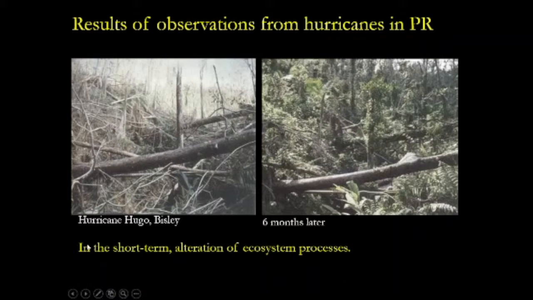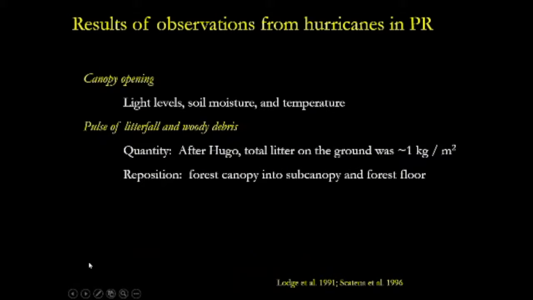For example, you see this picture from the Bisley watershed in El Yunque, and then 6 months later, in the short term, there was an alteration of the ecosystem processes, and there were two main factors really that were affected: the canopy opening, where we saw greater light levels and changes in soil moisture and temperature conditions, but also a huge increase in the pulse of organic matter going into the system in terms of litterfall and woody debris.